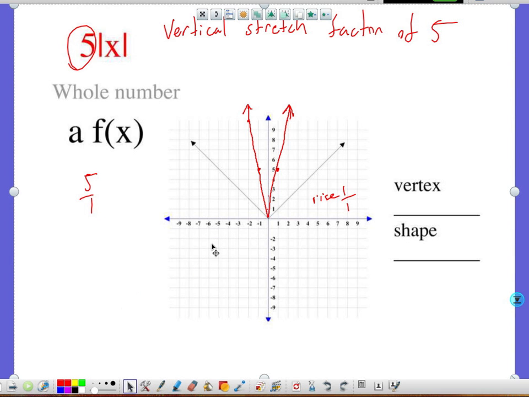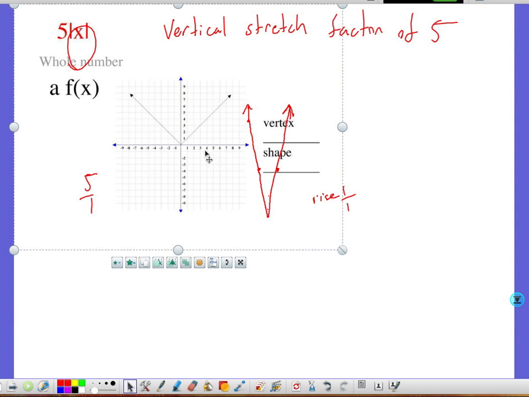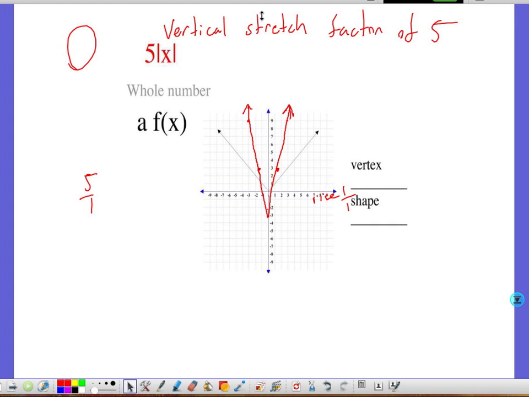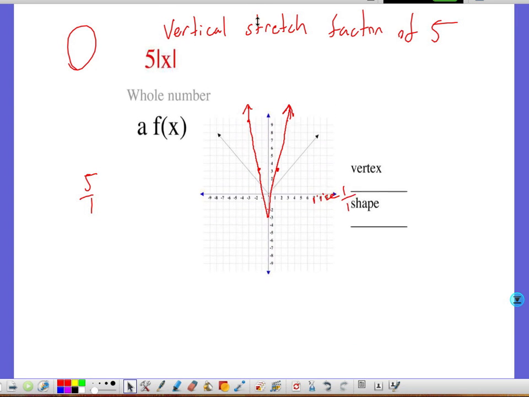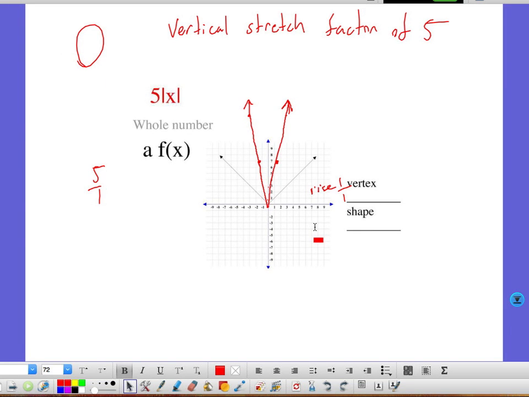Now, why is this called a vertical stretch? Well, if you take the parent function and I begin to stretch it vertically, take a look what happens.